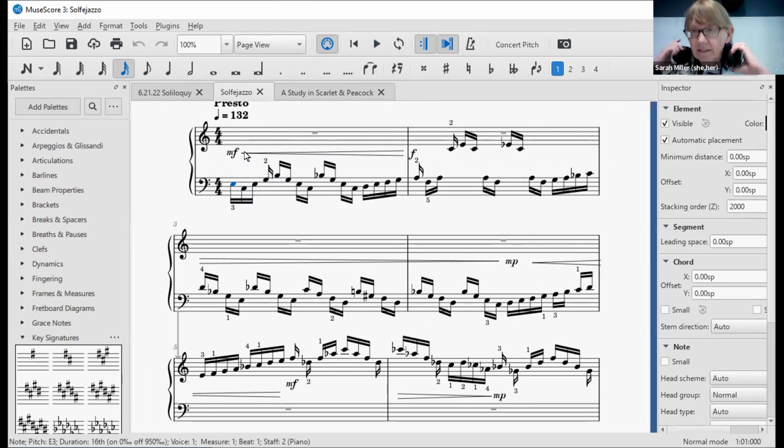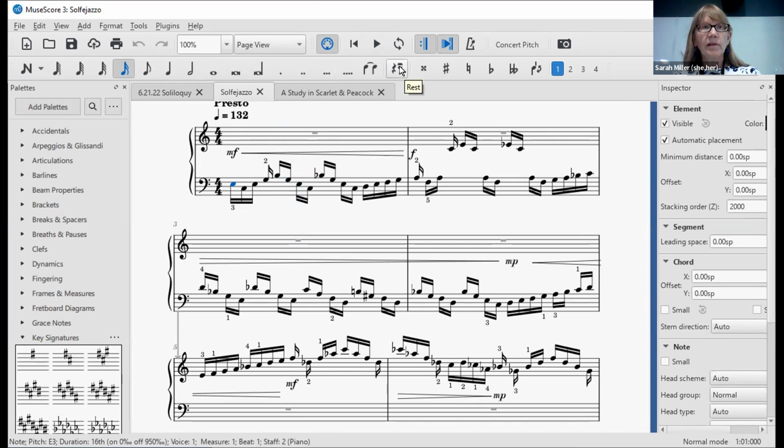Open up your sound options. Oh, it says mute right here. Laptop, HDMI.